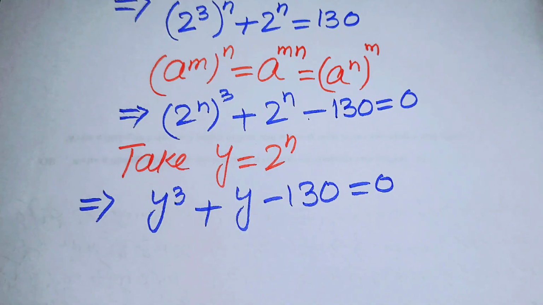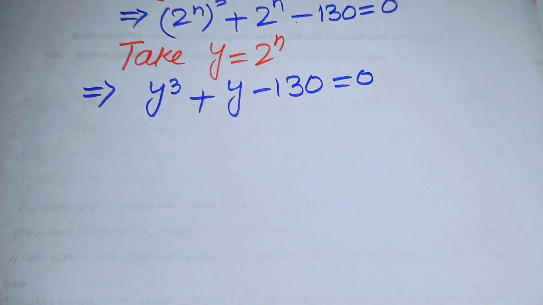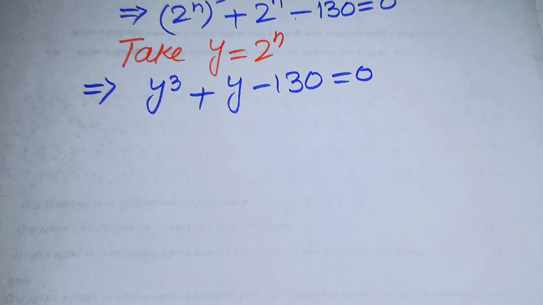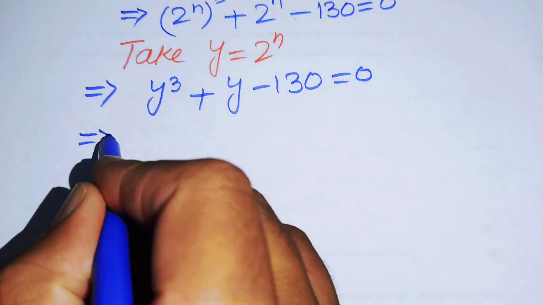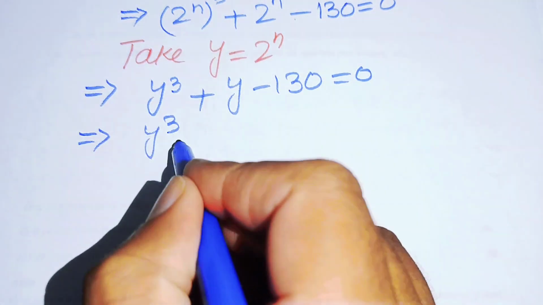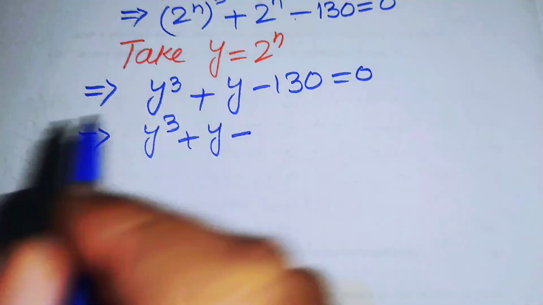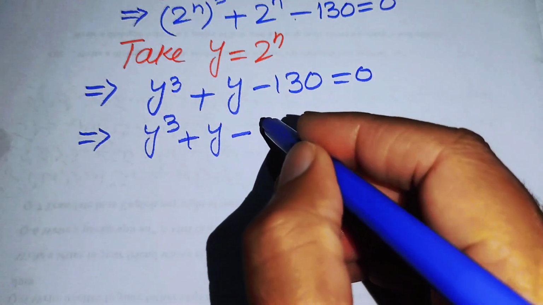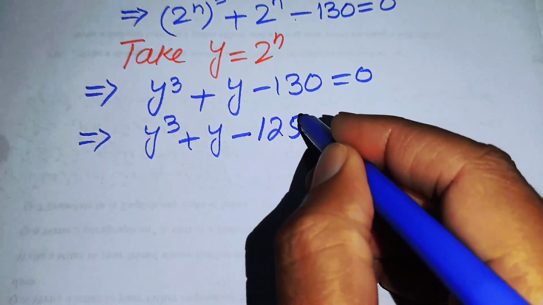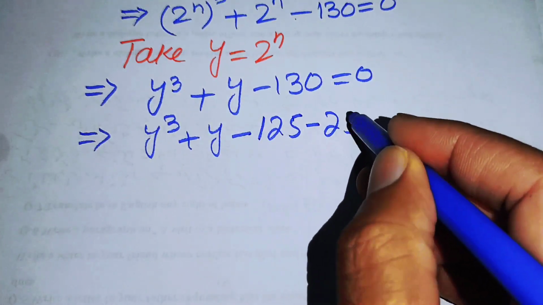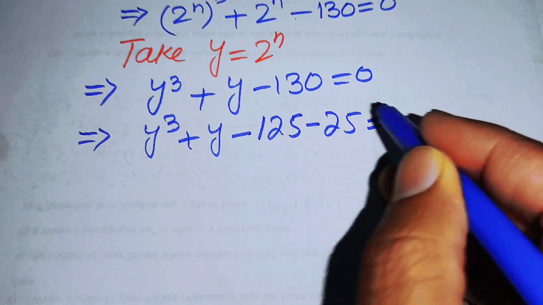So this will become a cubic form, and now we can make the factors of this cubic equation. So here first we write y cubed plus y minus 130, and we write it as 125 minus 25, and this whole equals 0.